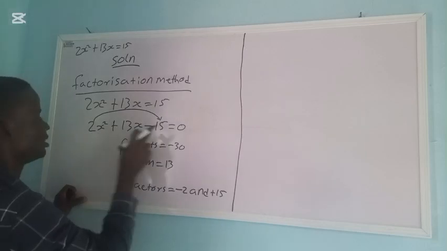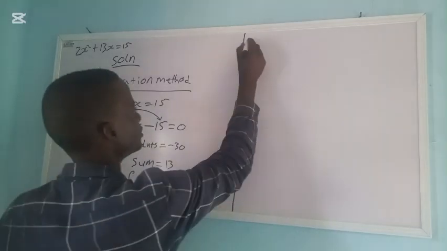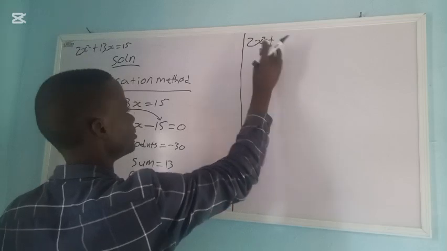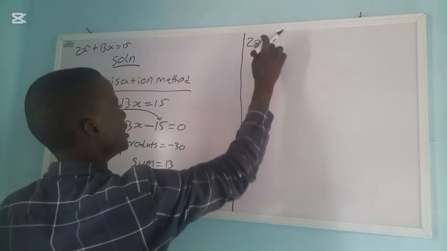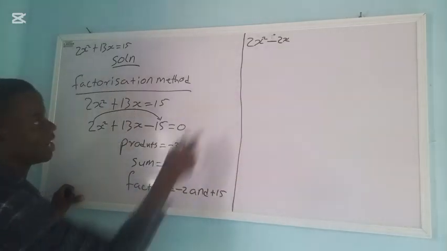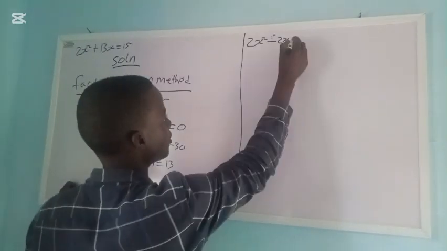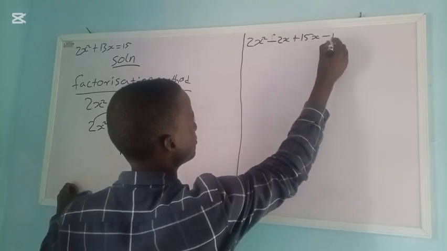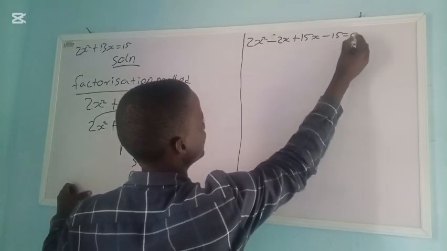Now let's put it inside this equation. We have 2x squared minus 2x plus 15x minus 15 is equal to 0.